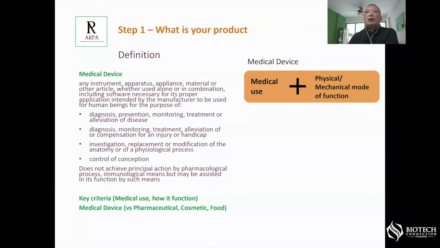For example, like skin whitening. This makes my skin more smooth, more white. Skin whitening, for example, is not a medical condition. This is just a cosmetic claim. So it's not medical use. Oh, how about aging skin? Aging, solve my aging problem. Or the skin texture is getting worse. It's aging now. Aging is not a disease.